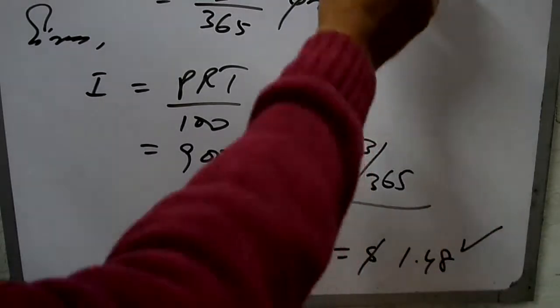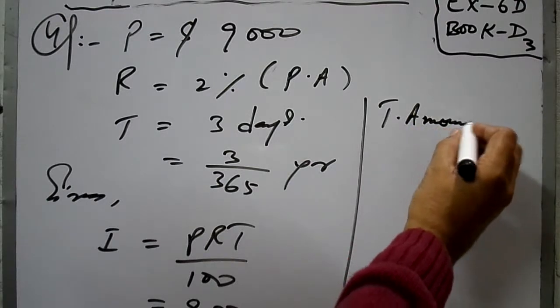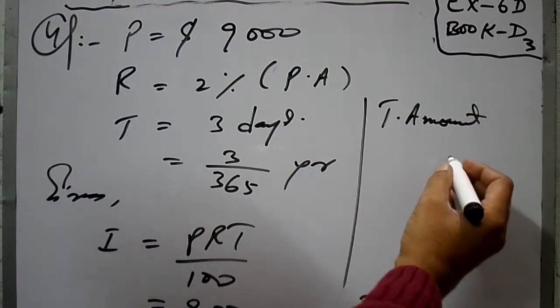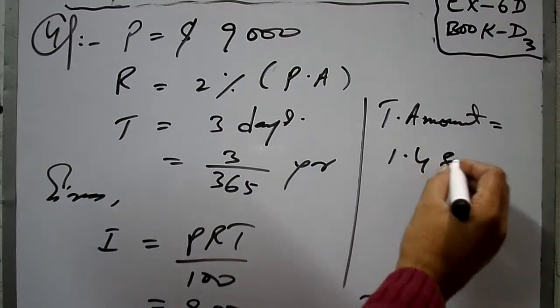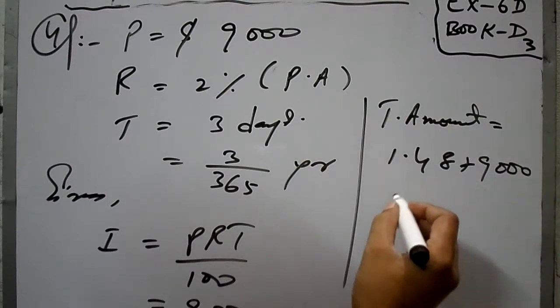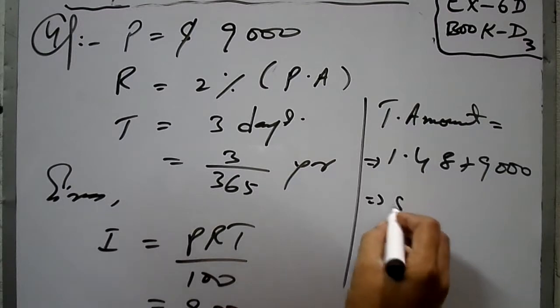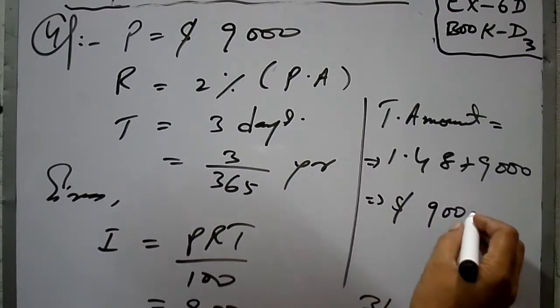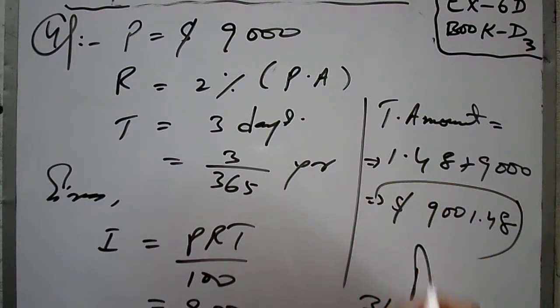The total amount will be 1.48 plus 9,000, the principal amount, so you will get the result $9,001.48. That is your exact calculation.